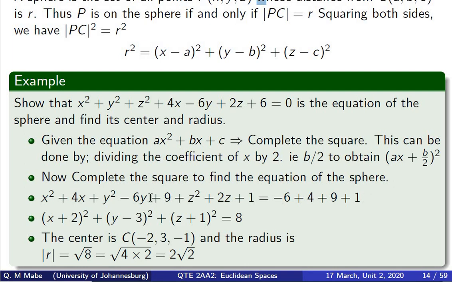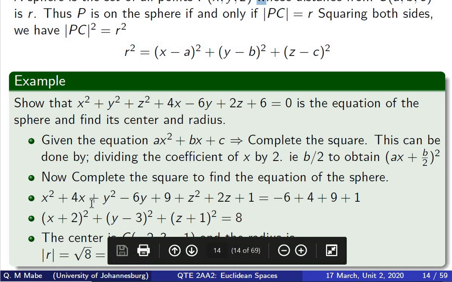So what we end up with, if we simplify this expression further, is this: x squared plus 4x plus 4, the other way of writing it is x plus 2 all the way squared. y squared minus 6y plus 9 is the same as y minus 3 all squared. z squared plus 2z plus 1 is the same as z plus 1 all the way squared.